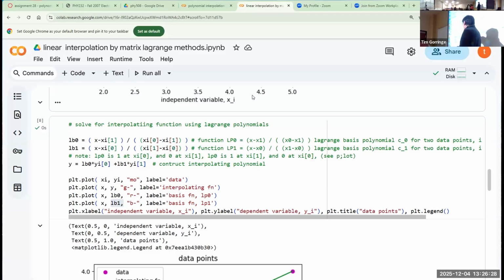Whereas with the Lagrange polynomial, you're not constructing a matrix, just constructing a number of polynomials. So the Lagrange method is probably going to scale as n, and the matrix method is going to scale as n squared. So I think that's a reason that if you were using this for a large number of data points, you would use the Lagrange method. It's also, if you use the matrix method, you have got to construct the Vandermonde matrix.